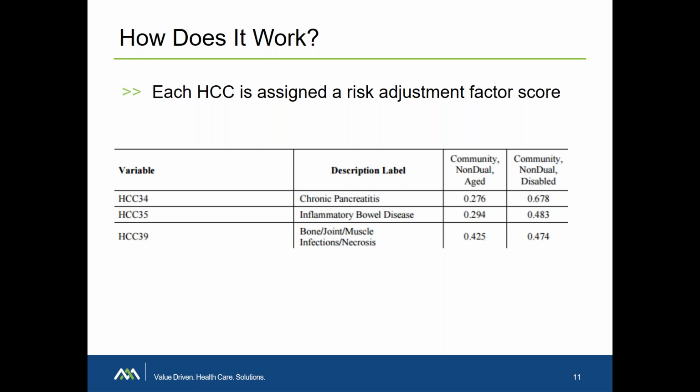On the slide, you will see for HCC 34, if the patient is on a non-dual Medicare plan, so they just have a Medicare plan, they would qualify as a risk adjustment score of 0.276. If they're disabled and they had the HCC of 34, it would be 0.678.